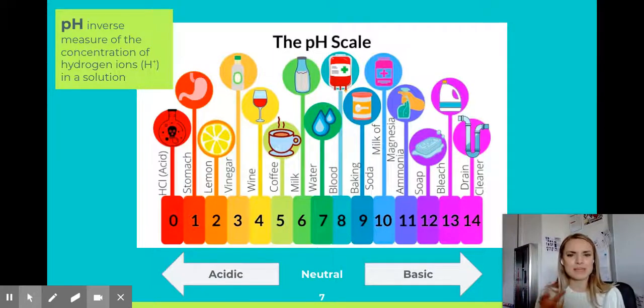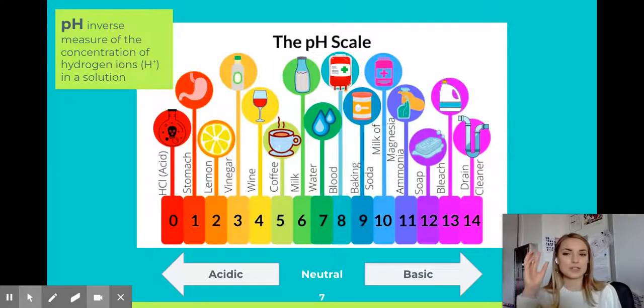So pH might seem a little strange because the more acidic things have smaller numbers and basic things have big numbers. But we're measuring the concentration of hydrogen ions, and we know that hydrogen ions are characteristic of acids.